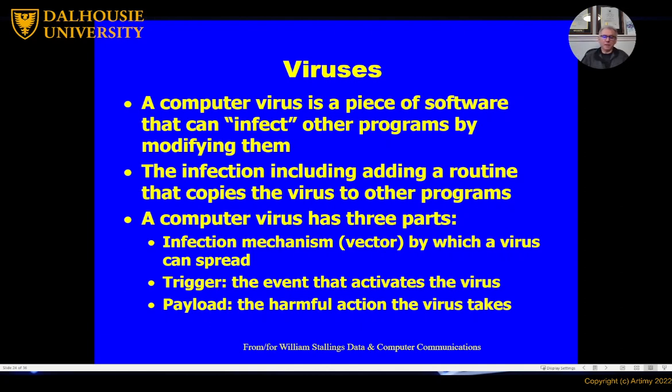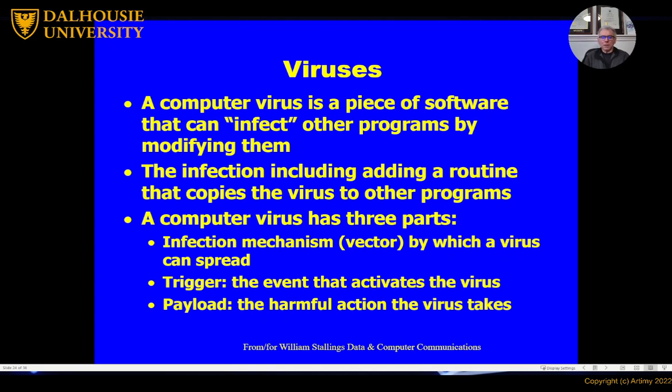So if the virus infects your computer, it may be infecting multiple programs. It keeps copying itself to other programs, and even if you delete or replace one software, it's still in another software. So it is annoying and it's a hassle.